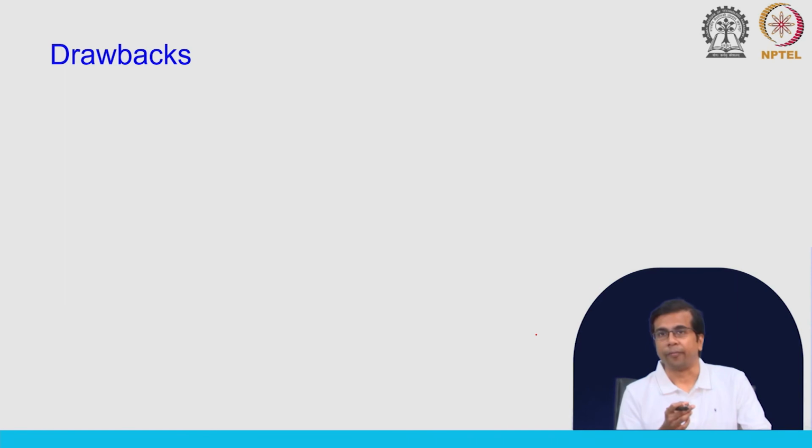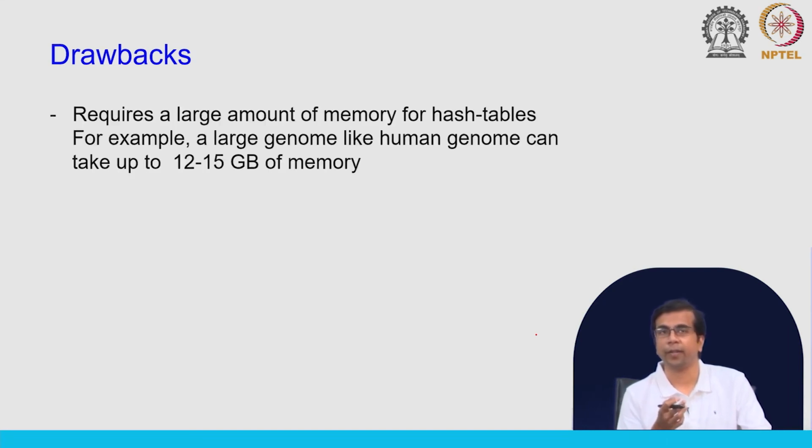What are the drawbacks then? We have seen this is very fast and we can handle reads with mismatches. What are the drawbacks? As you can probably imagine, storing the hash table in the memory will take a lot of space. If you want to store this on a hard drive, you also need to give space.